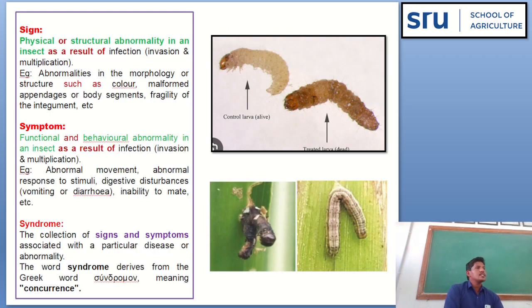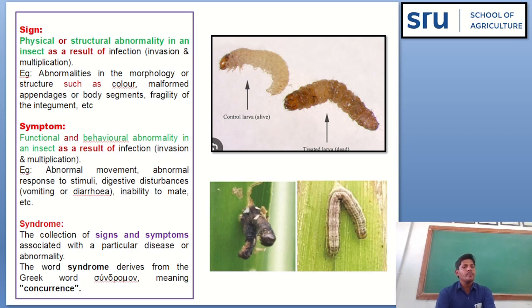Next, what are sign, symptom, and syndrome? Physical or structural abnormalities in an insect as a result of infection are the sign. Signs may include abnormalities like change in color or malformed appendages.